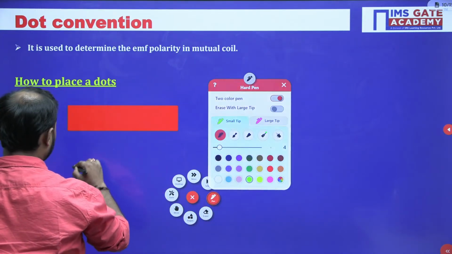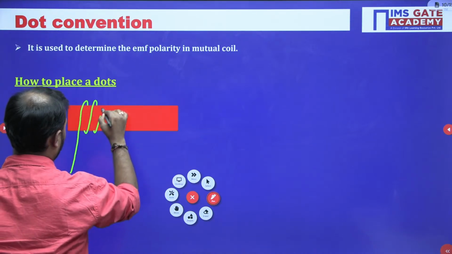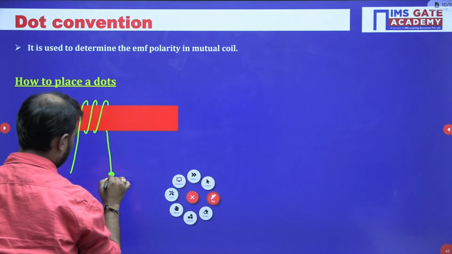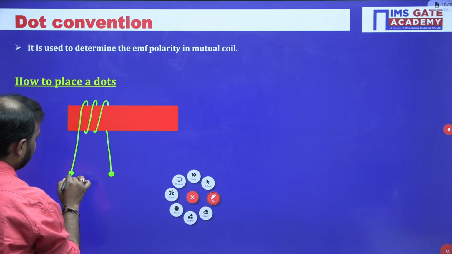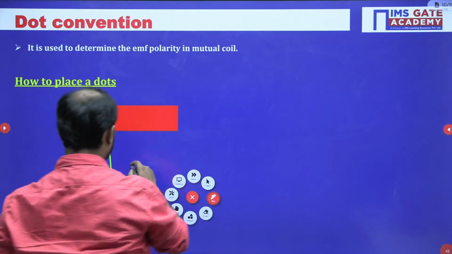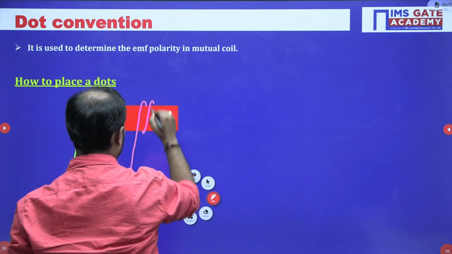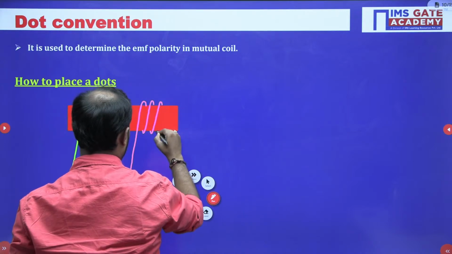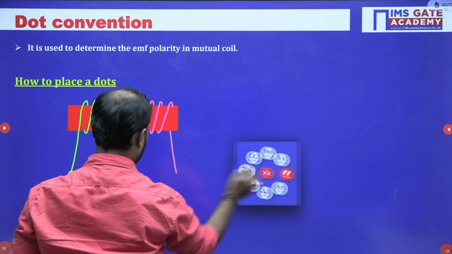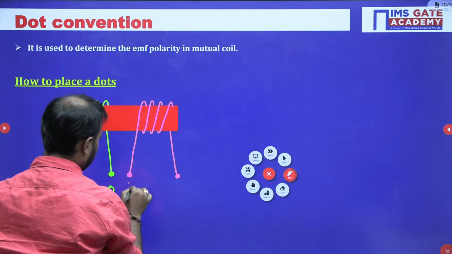One coil is like this. Let me name it as P and Q. And another coil is like this. Let me name it as X and Y.